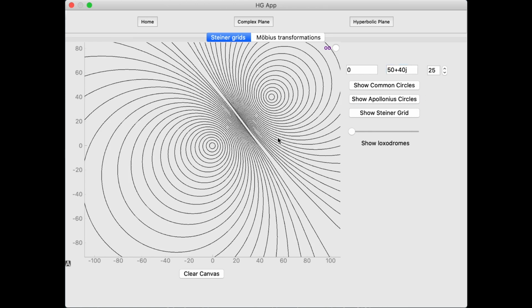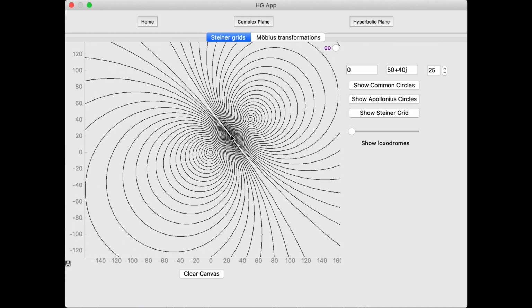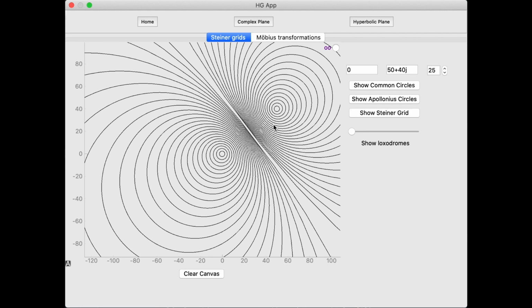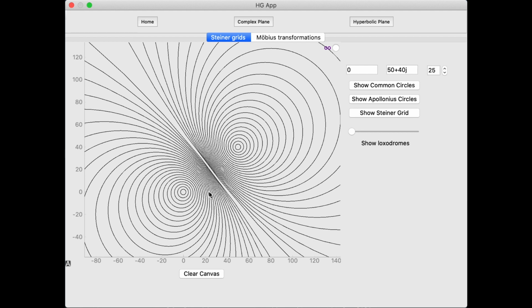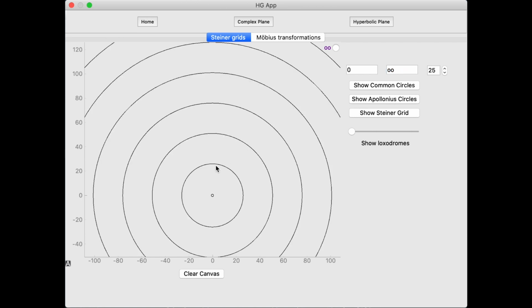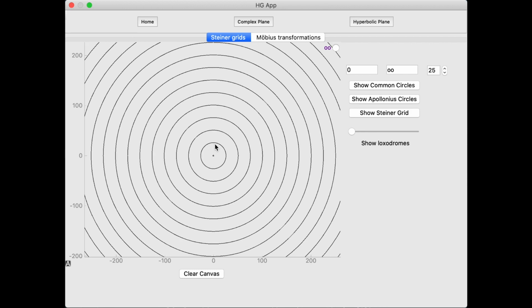So that is how some of the Apollonius circles of these two points look. Notice that here 0 is around here, and the other point, 50 plus 40j, is around here. So it looks like, again, these circles are somehow centered at 0 and at the other point, just like in the previous case. In the case around infinity, one can think that these circles are centered not only at 0 but also at infinity.